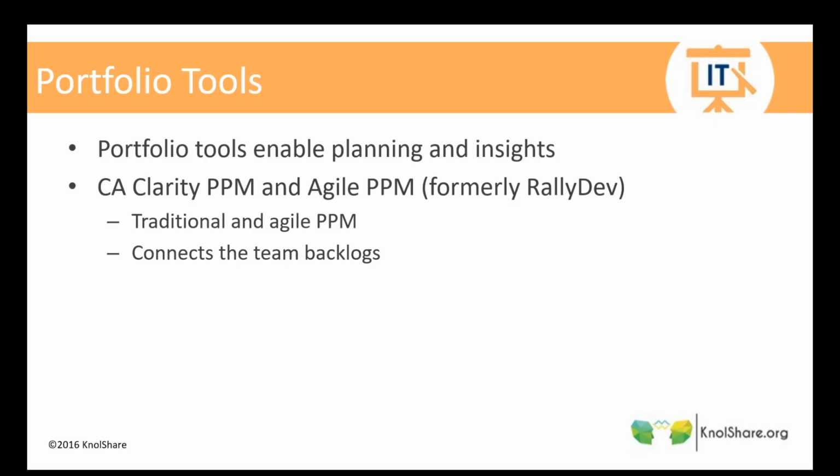They have a tool called Clarity, and recently, and this is an offering as a software as a service, so it works in the cloud. About a year ago, they also purchased this Agile company called Rally, and they make a product called Rally Dev, which many people in the organization use to manage their portfolio of work and also their backlog of work.